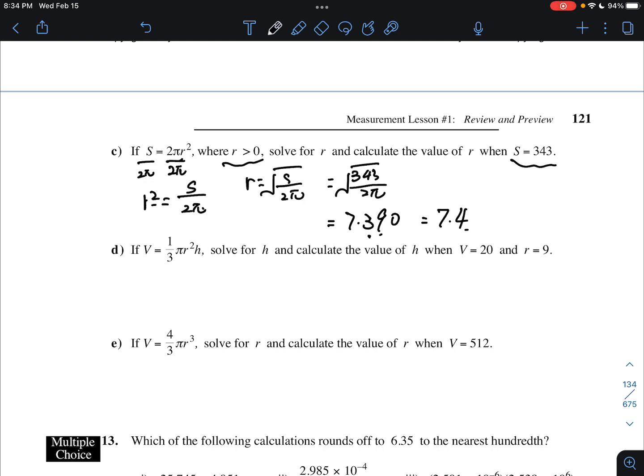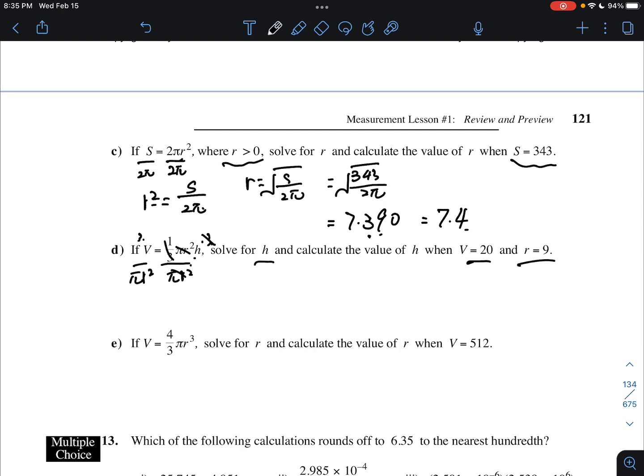Okay, D, if V equals 1/3 pi R squared H, and we need to solve H, and then when V equals 20 and R is 9. The first thing we need to isolate H, and for both sides we can times 3 first. So we can cancel 1/3 here, and then we need to divide by pi R squared on both sides, and then we can cancel this part.